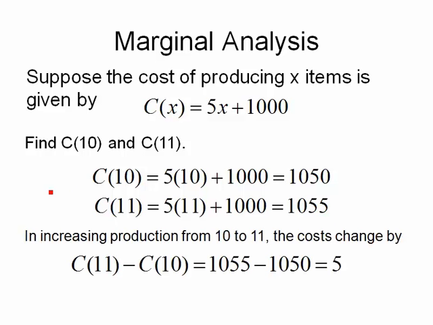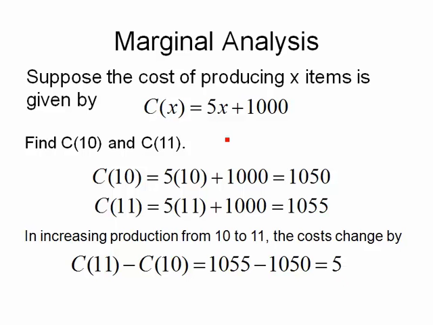That means increasing our production from 10 to 11, our costs change by C of 11 minus C of 10, which is 1,055 minus 1,050, or 5. So this is telling me if I increase my production by 1 unit, my costs change by $5.